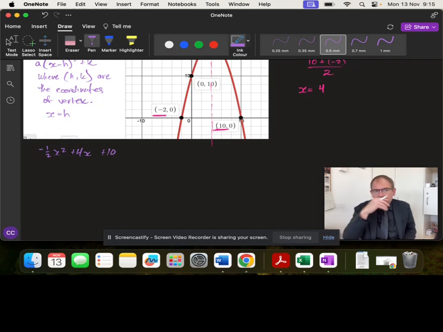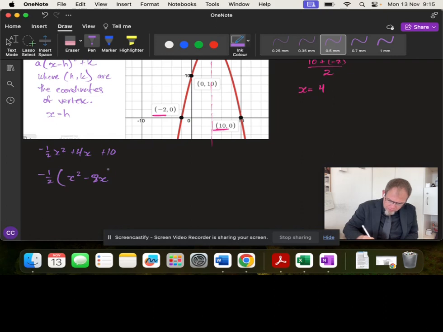So I'm going to divide everything by negative 1/2, because that will make my life easier, and that gives me x squared. Well, 4 divided by negative 1/2 is negative 8x, because when you divide by a fraction, it actually makes it increase. And then that 10, I'm not going to deal with the 10 right now.